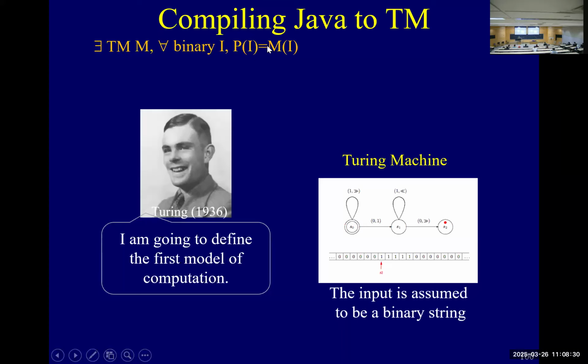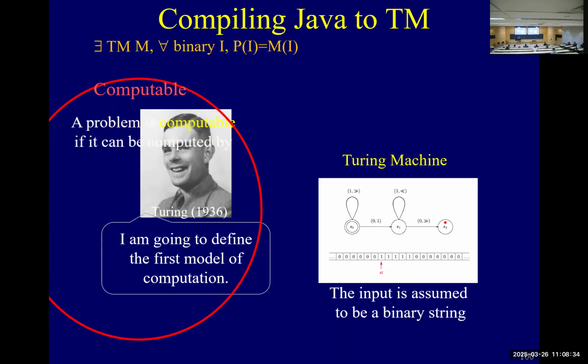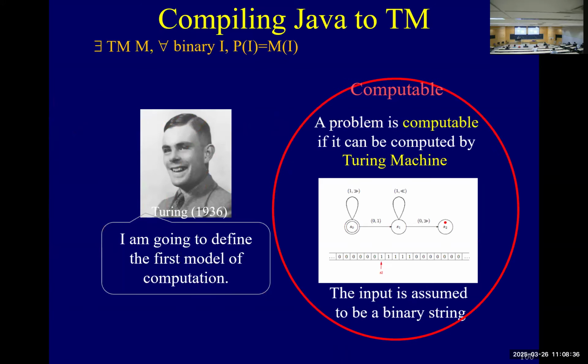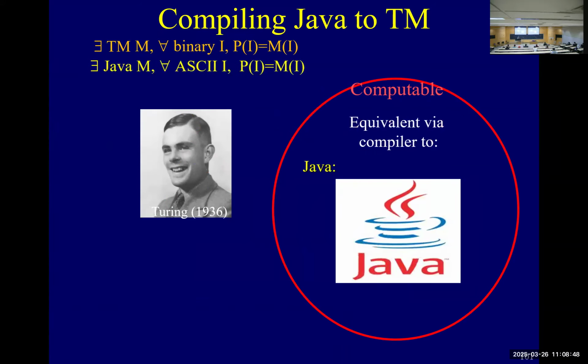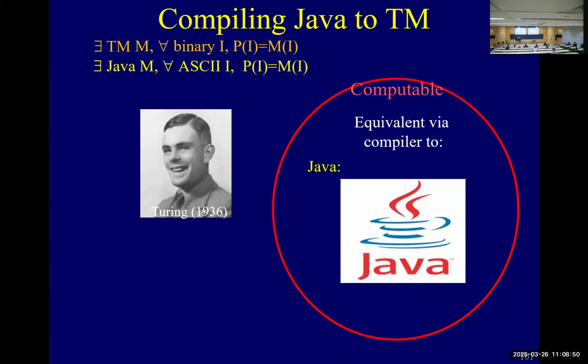P is computed by a Turing machine, right? There's the set of all computational problems computable by a Turing machine, right? Turing defined computable by defining a Turing machine, right? Now, what does this say? It says P is computable by a Java program, right?